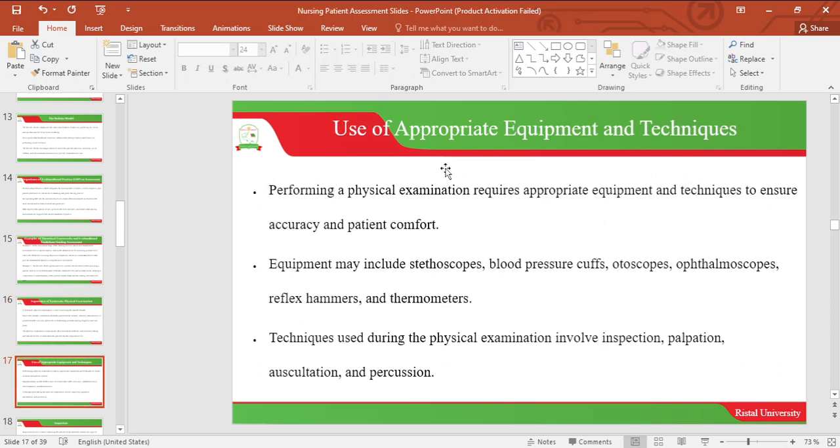Let's look at the use of appropriate equipment and techniques for patient assessment. Performing a physical examination requires appropriate equipment and techniques to ensure accuracy and patient comfort.